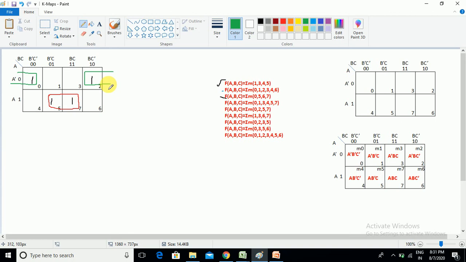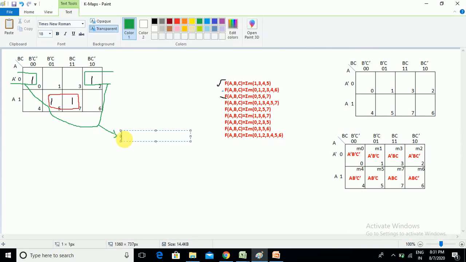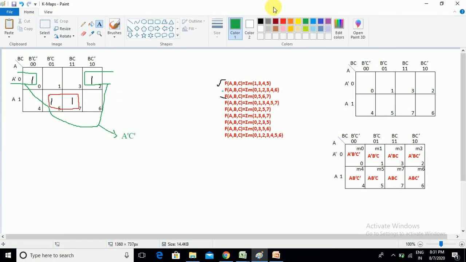Then the answer for this group: 0 and 2. Which are common? A dash C dash are common. In the red color group, which are common? 5 and 7 will be A, C. AC will be common.